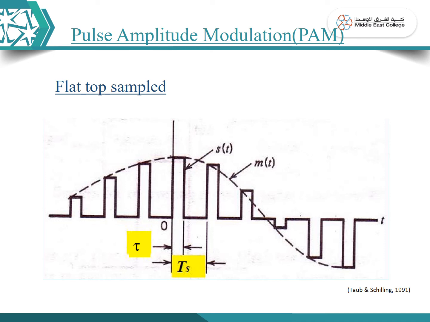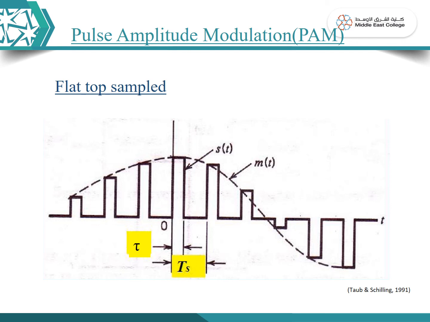And then the capacitor will discharge through the switch S2. Then switch S2 will open again, and switch S1 is closed again for the next carrier pulse. Again the capacitor will charge up to this amplitude. So this will continue. This is your modulated signal.